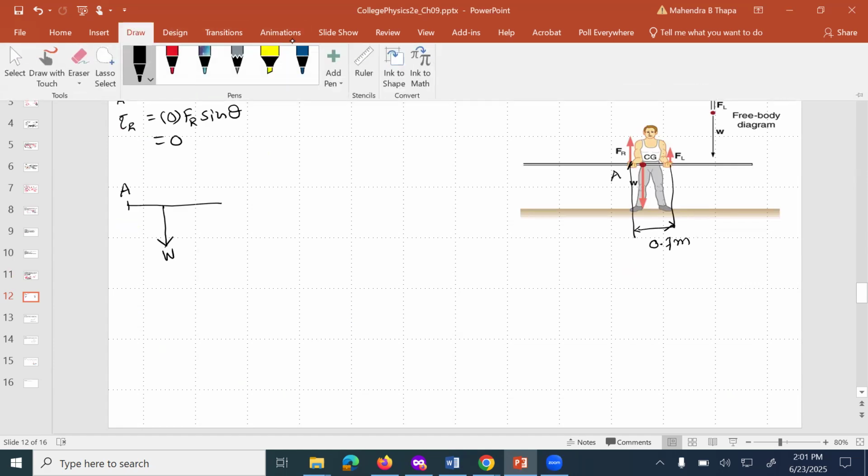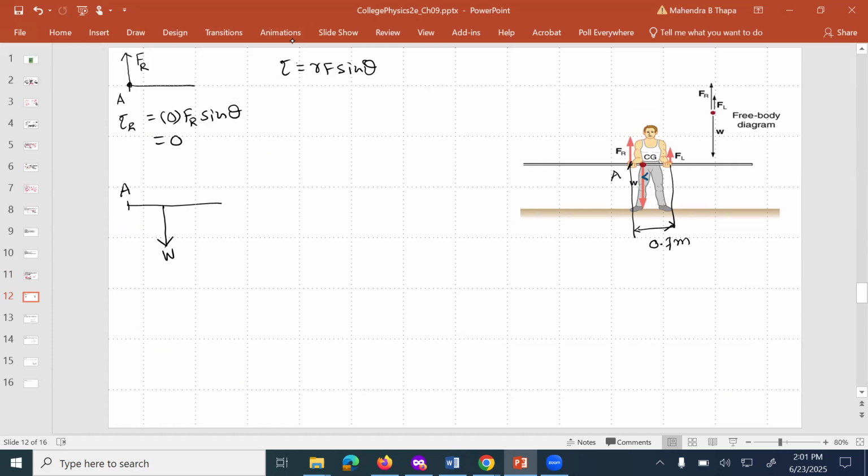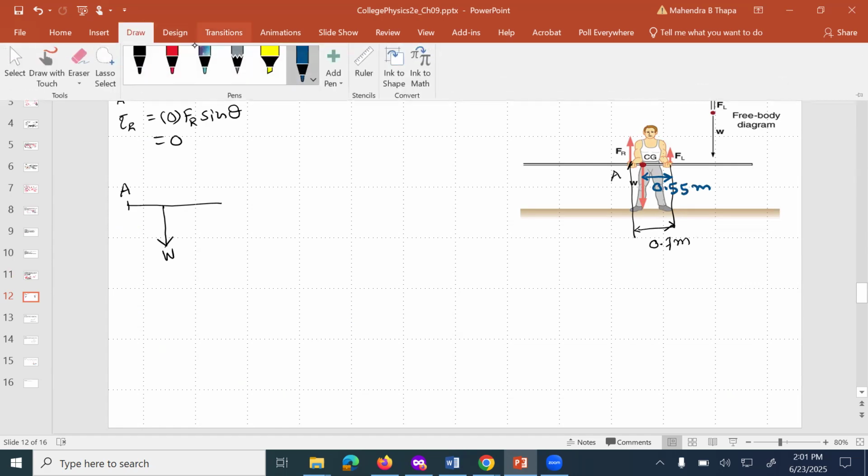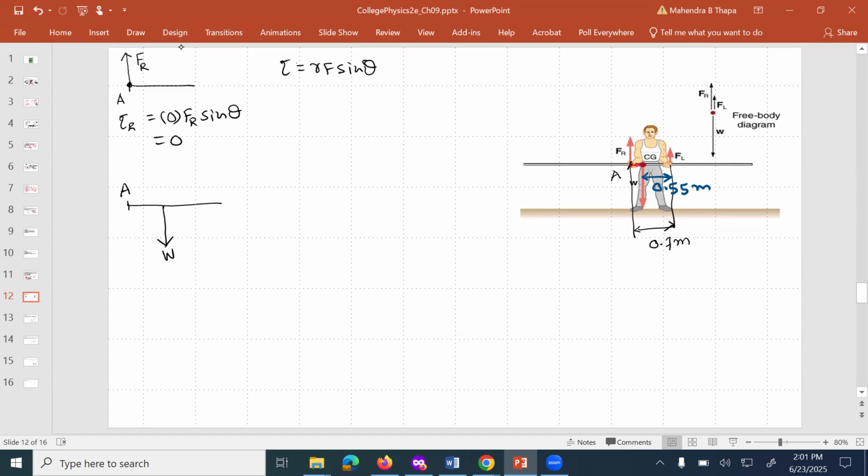And according to the question, the distance between the center of gravity of the rod and the left hand is 0.55 meter. That means the distance between the force due to the right hand and the center of gravity of the weight will be 0.7 minus 0.55, which equals 0.15 meter.